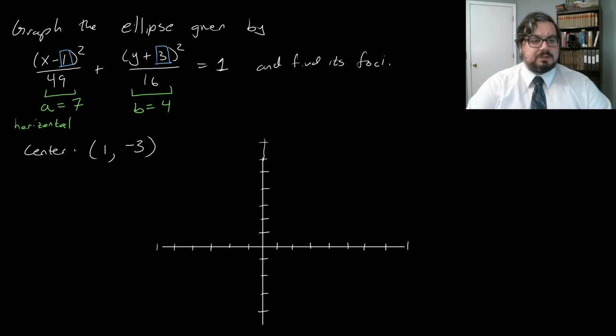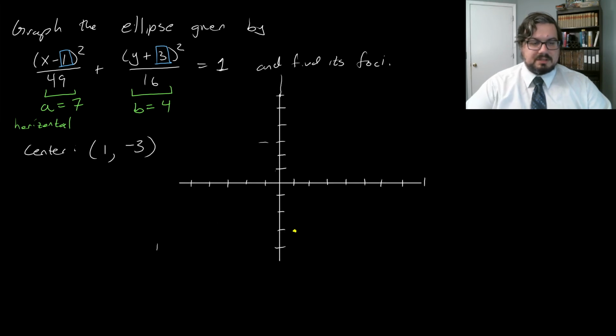So we're told that the center is at 1 comma negative 3. Oh, and I realize I need some more space here, so I'm going to shift this up. And then the number that we get from the bottom of the x term tells us how far we move horizontally.